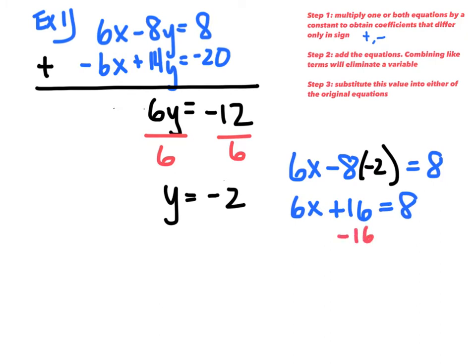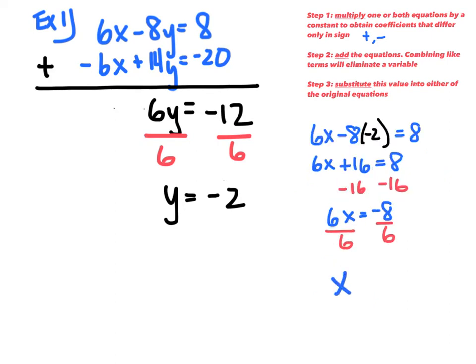Subtract 16 from each side. 6x equals negative 8. And after we divide by 6, negative 8 and 6 both have a 2 in common. So this reduces to negative 4/3. X equals negative 4/3.